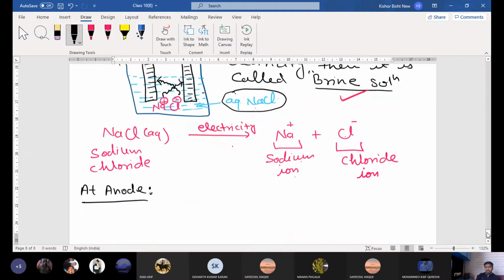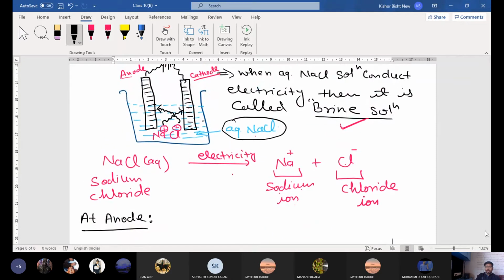So now here we are saying at the anode, the chloride ion moves toward the anode. Cl negative has an extra electron. Negative charge means extra electron, so it loses the electron and forms Cl plus electron. Loss of electron, you people know, is called the oxidation process. Oxidation.